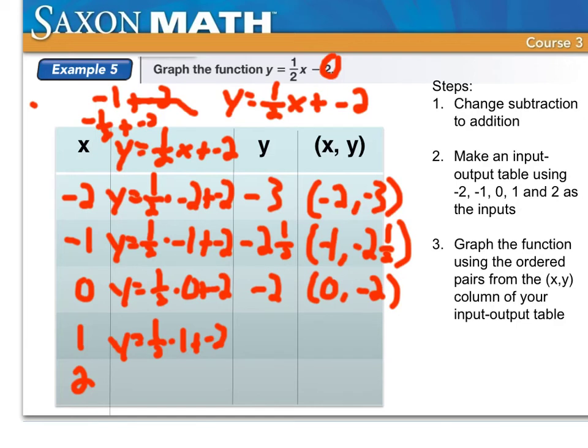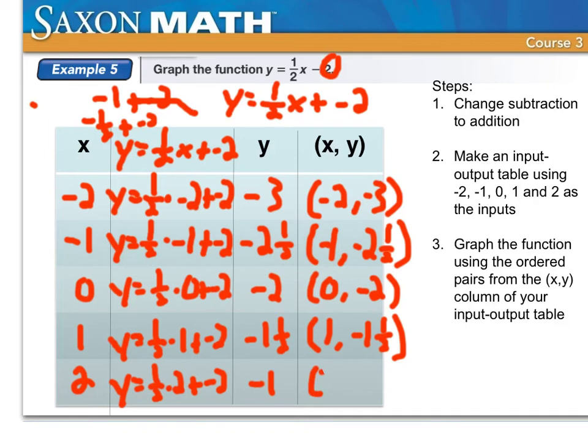Well, 1/2 of 1 is 1/2, and 1/2 plus -2 is -1.5. So an input of 1 gives me an output of -1.5. And the last one, y equals 1/2 times 2 plus -2. Well, 1/2 of 2 is 1, and 1 plus -2 is -1. So 2, -1 is my last ordered pair.